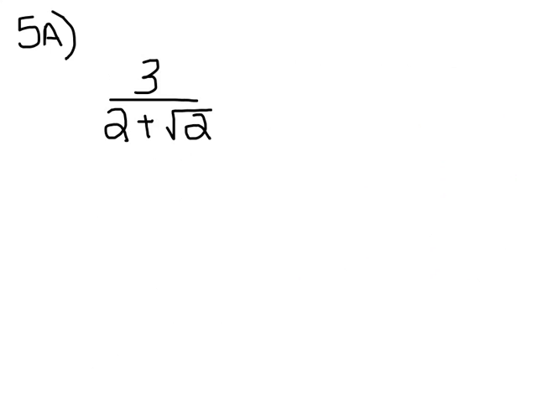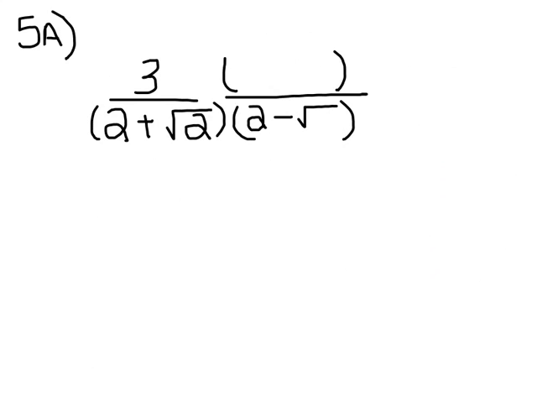In our next example, 5a, we'll be simplifying the radical expression 3 divided by 2 plus radical 2 by rationalizing our denominator. So we'll be multiplying both our numerator and our denominator by the expression 2 minus radical 2.